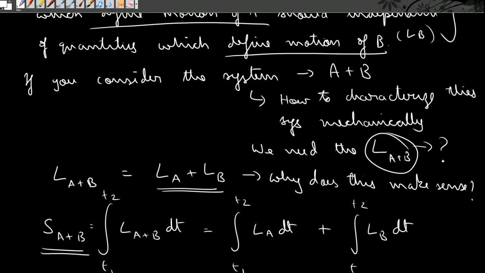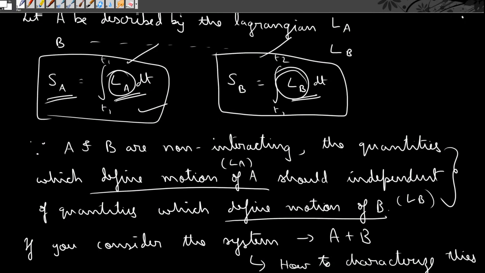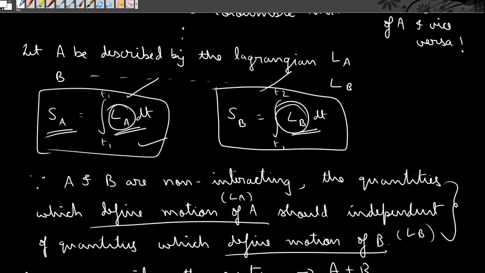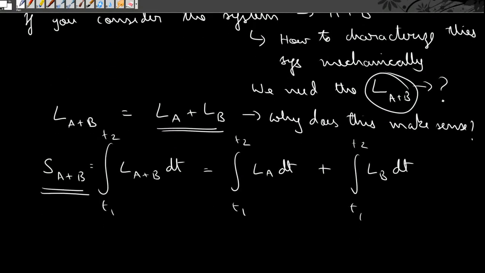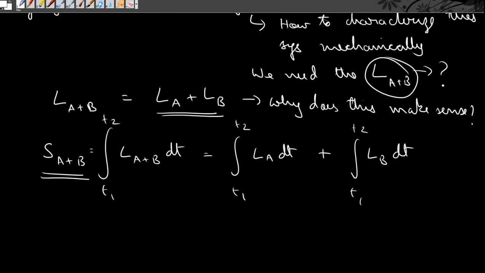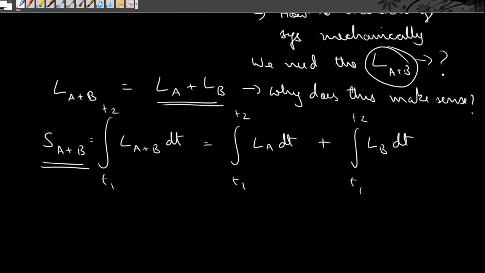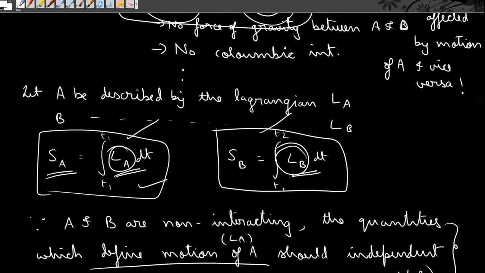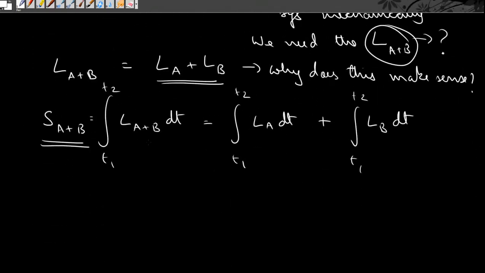So therefore we should end up with the same set of conditions for the motion of particles when we consider both of them as a whole. So that means the same set of conditions which are separately satisfied here must also be satisfied in this case.